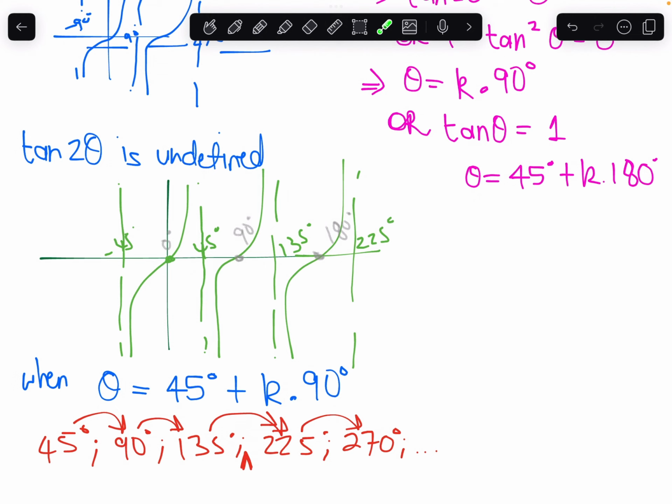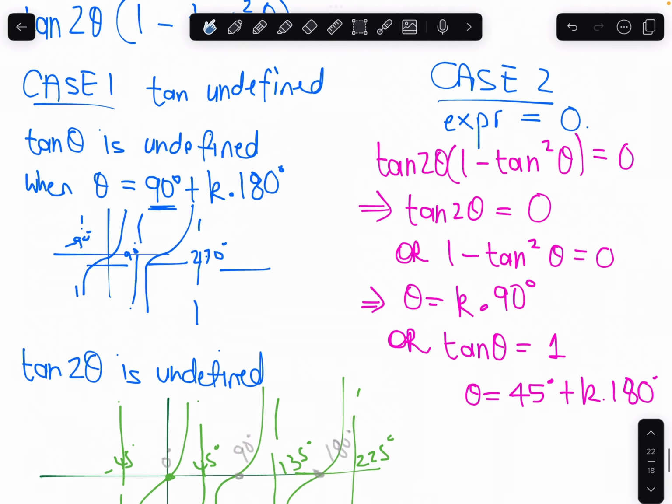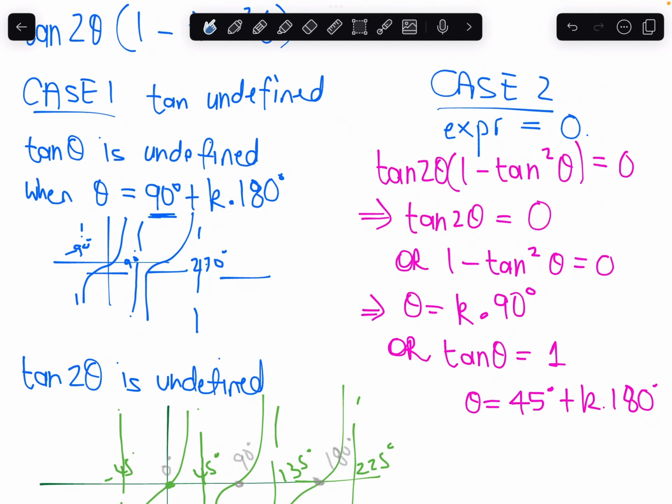So even though tan 2 theta will be defined at theta 180, and tan theta is defined at 180, if we put 180 into this expression, then this is going to evaluate to 0. Tan of 360 is 0.